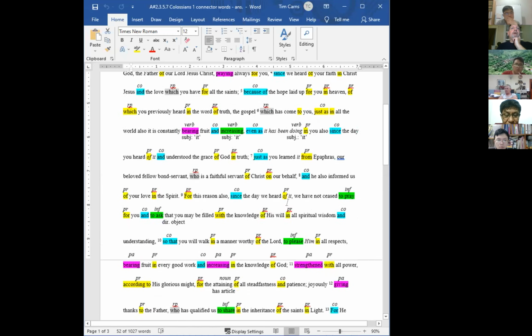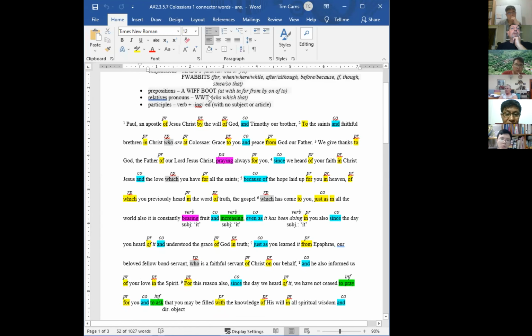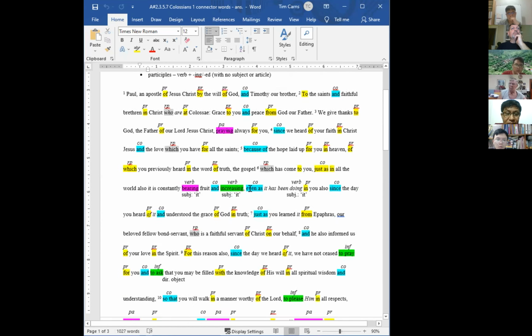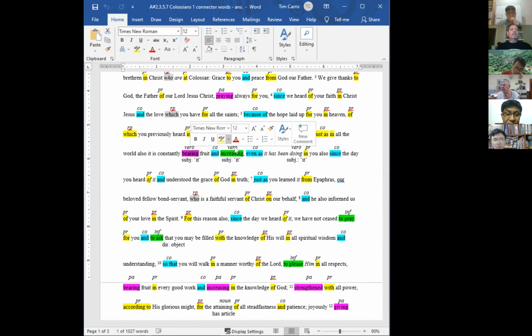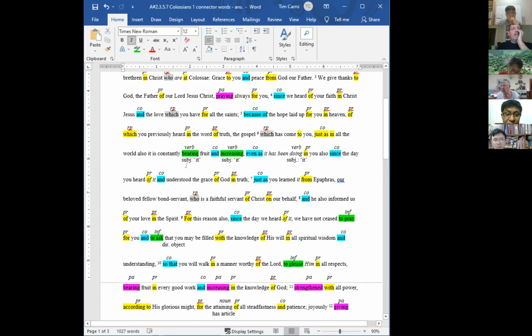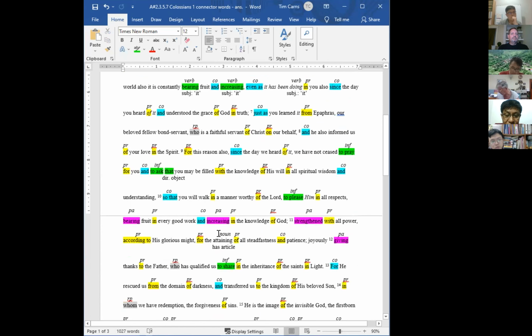I went through the whole of Colossians 1 and identified the connector words for you. And if it's in green, that means it looks like a connector word, but it's actually something else. And I give you some information there.